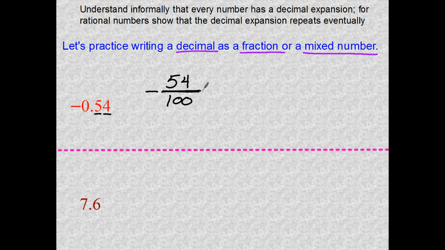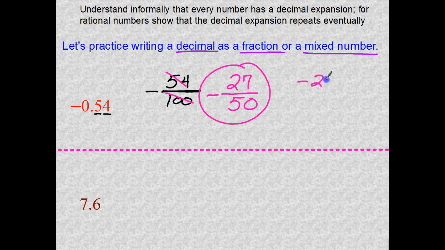So we're going to reduce this. 2 goes into 54 27 times, and 2 goes into 100 50 times. And make sure we apply our negative to our answer. And remember, since we have one negative there, we can have it right here in the middle. We can have it written in the top, or we can have it written in the bottom.